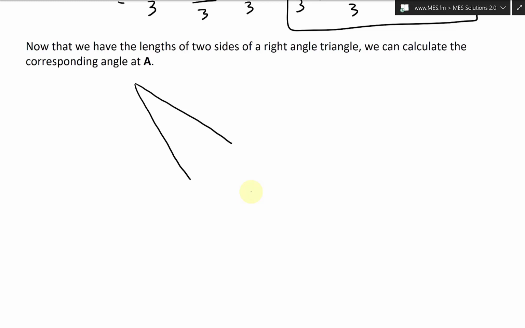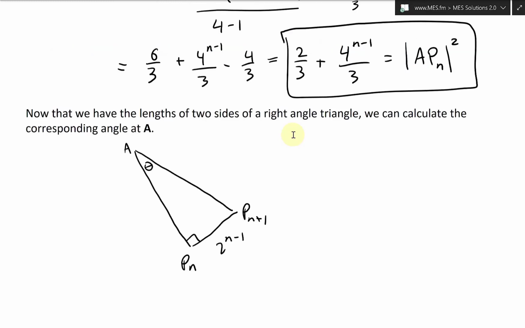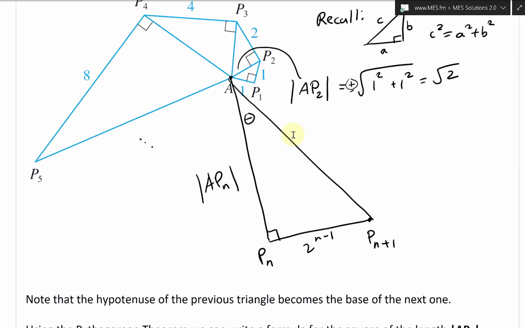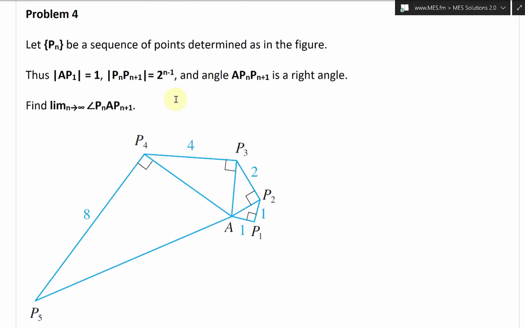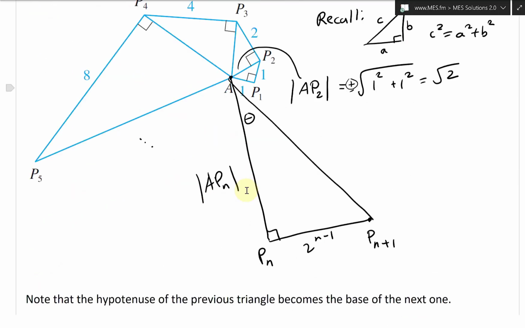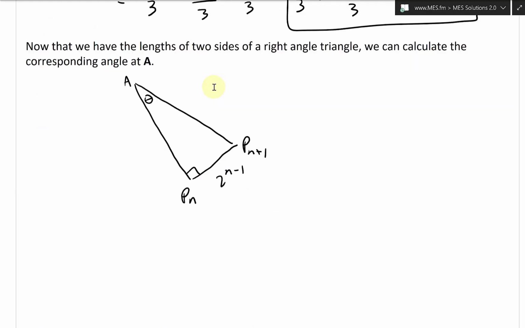So there is our right angle triangle. We have this length, this is Pn. There's our point A, there's our angle, there's our Pn plus 1, there's our right angle Pn. We know this side is 2 to the n minus 1, as given in the question, and then this is APn, we know that now.